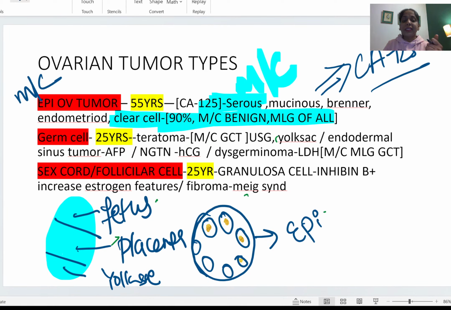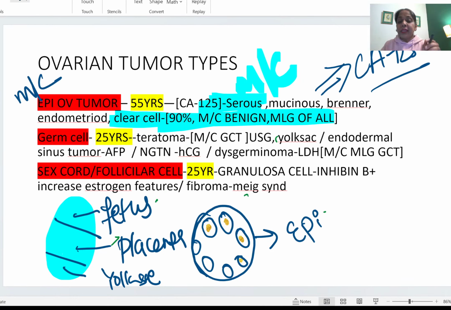HCG. What is the tumor marker of dysgerminoma? It is LDH. Because dysgerminoma is undifferentiated germ cell, it is homologous to the seminoma of the testes, right?